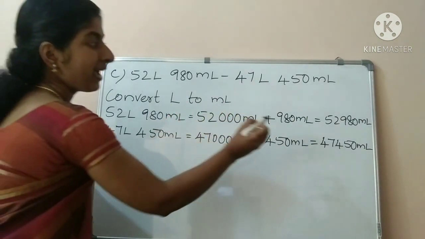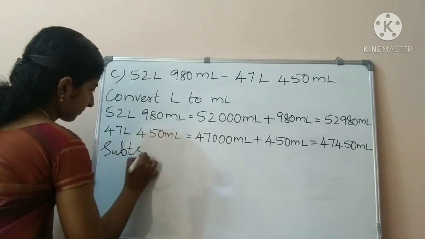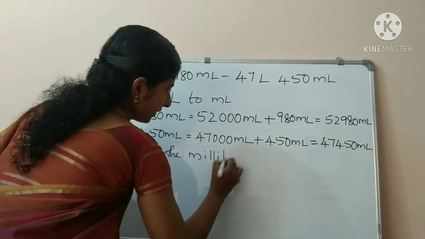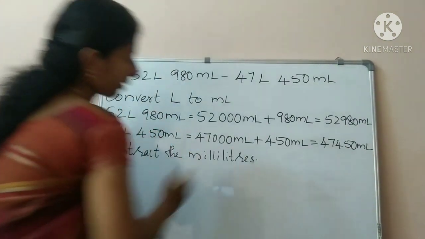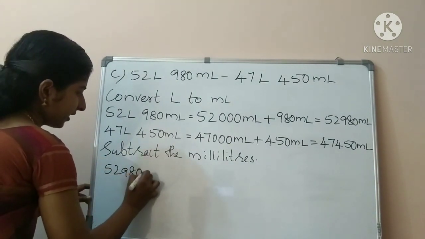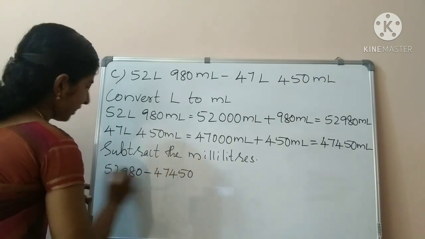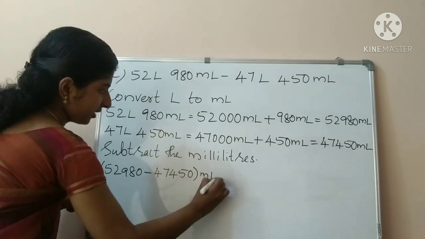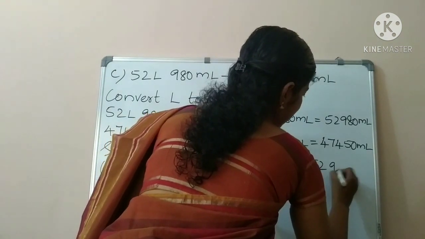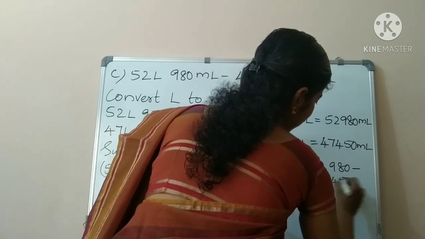So subtract the milliliters. 52,980 minus 47,450 milliliter is equal to 52,980 minus 47,450. What is the answer?